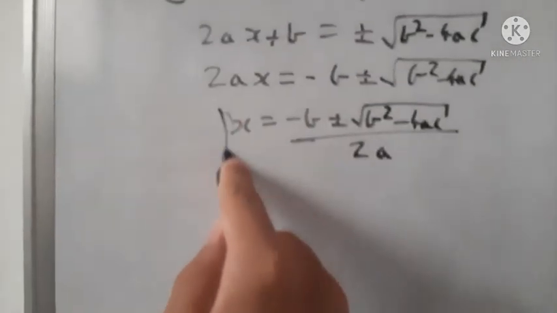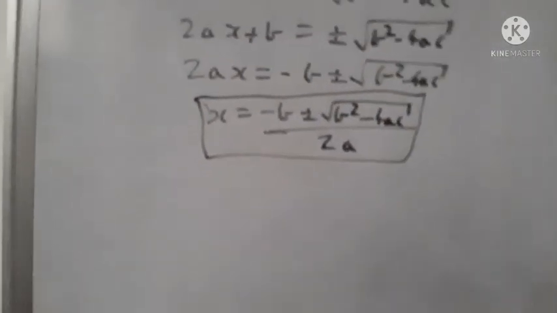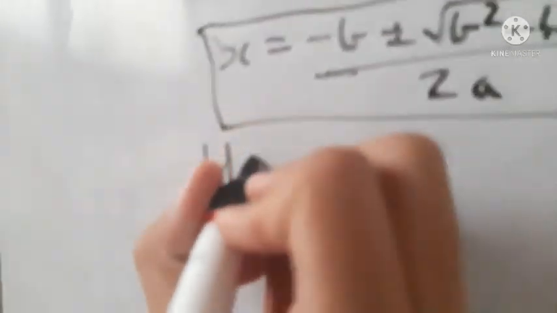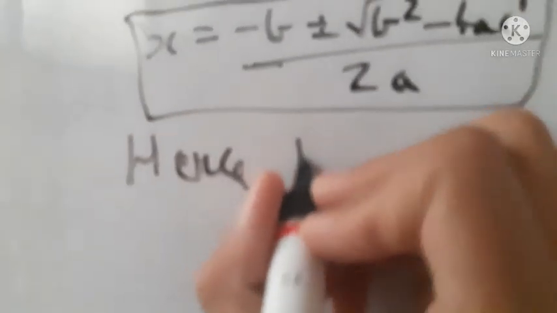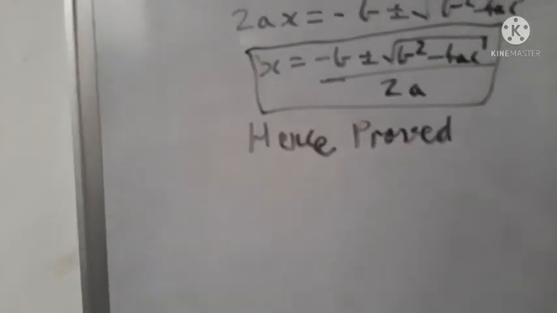And ladies and gentlemen, that is what we had to prove. I think people write QED or something, but I don't understand that, so I'm just going to write hence proved. Yep, there you go.